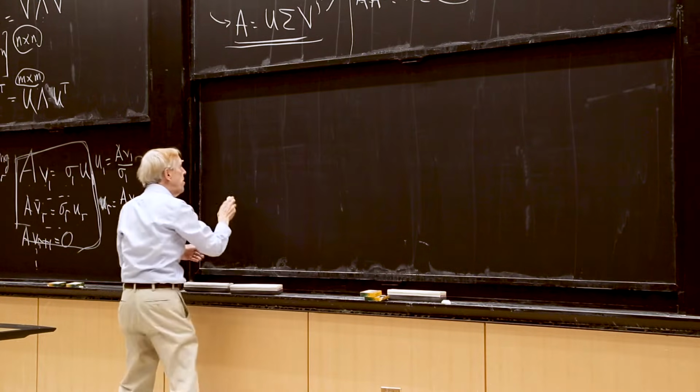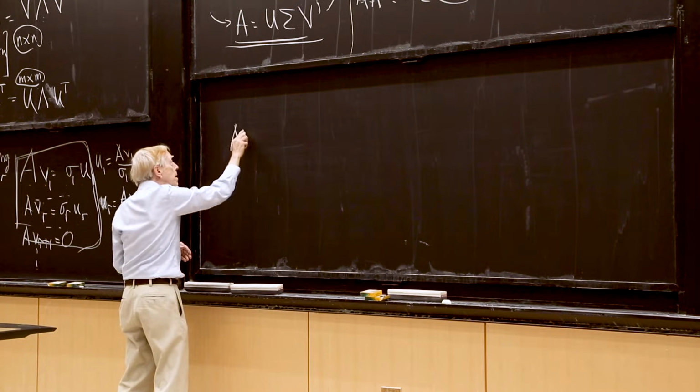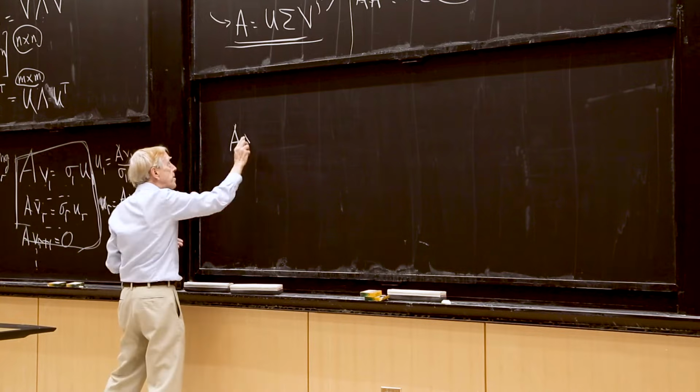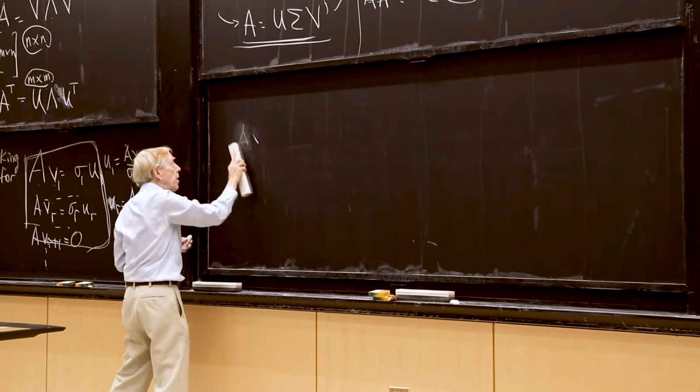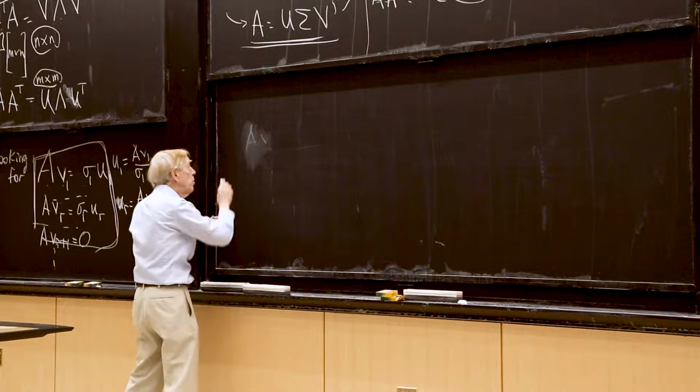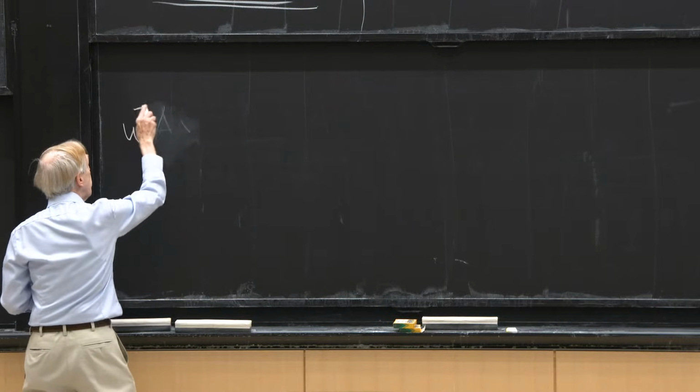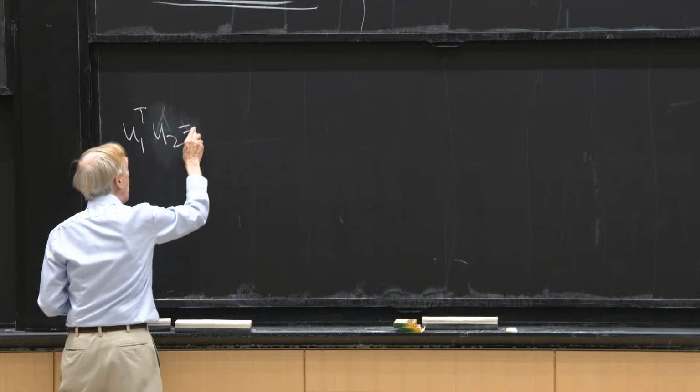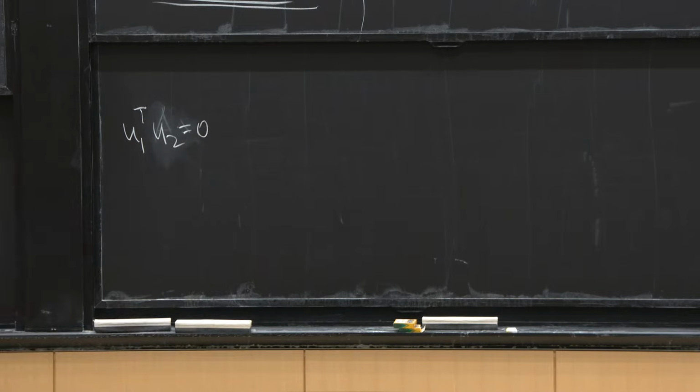So I would like to show that U1 transpose U2 is 0. They're orthogonal.